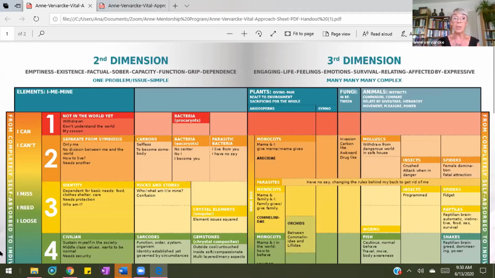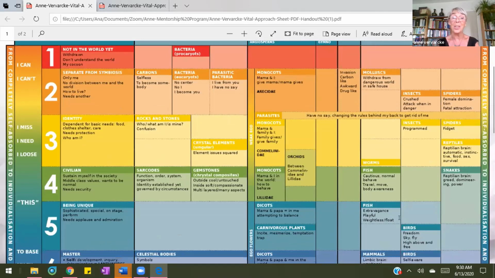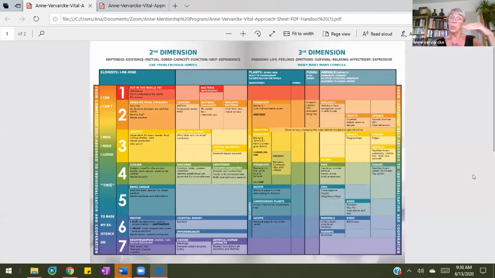That's why I use them, because we don't need new concepts when we already have concepts in place that work well and everybody knows. The periodic table represents, from horizontal row 1, the coming into the world, not in the world yet. It's about incarnation, but not there yet.